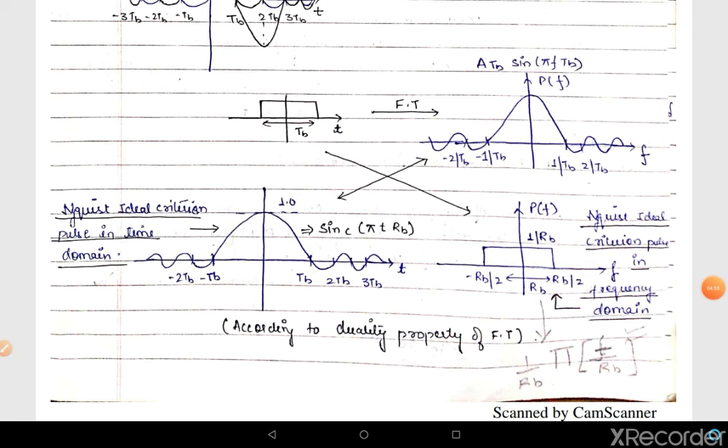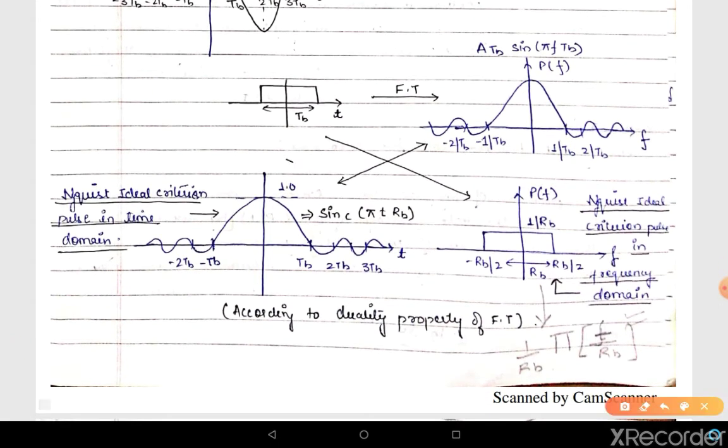Now you may ask one question as to how ISI is avoided using this solution. In this case it is clear that this particular pulse is time unlimited. Now the question is how a time unlimited pulse will not cause ISI, because it itself is an expanded pulse. It is very important to see how it avoids ISI.